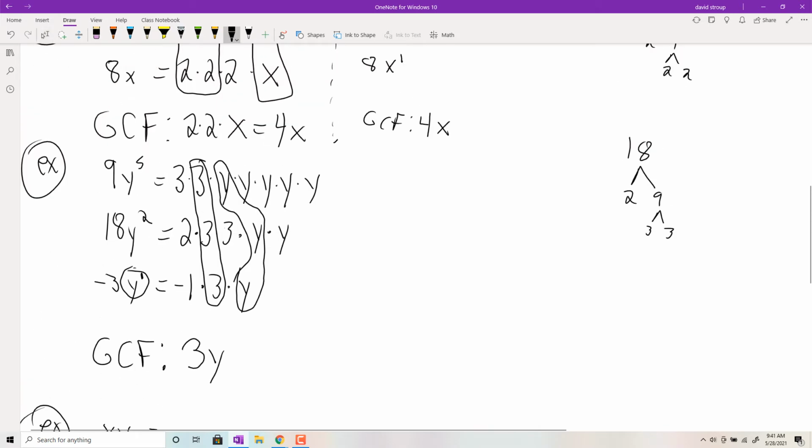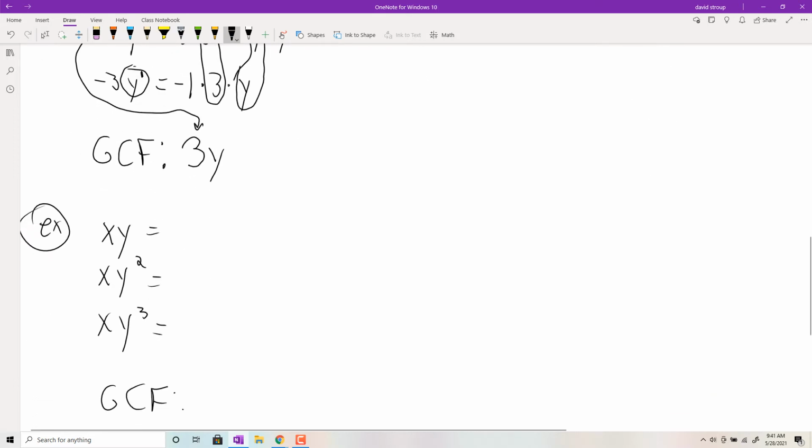If you look at this example, the common factor isn't 18, right? You're not putting 18 here. It's kind of the biggest, the smallest, or something like that. You know, the biggest number that will go into all three. So when you look at the variables, you'll put x, but you're not going to put y cubed, right? You're just going to put the smallest exponent there, the y.